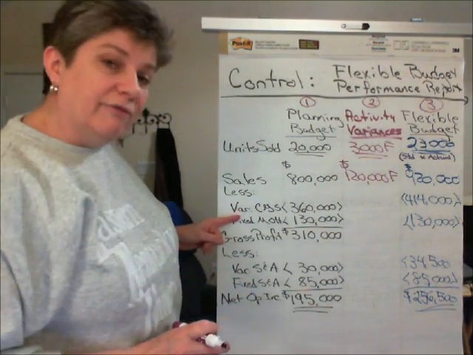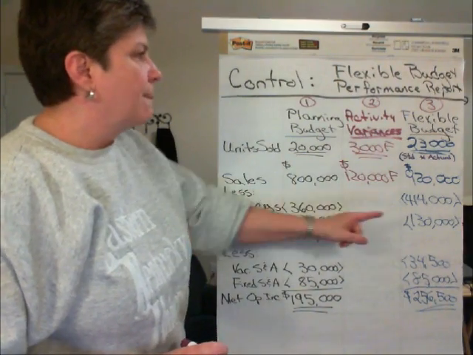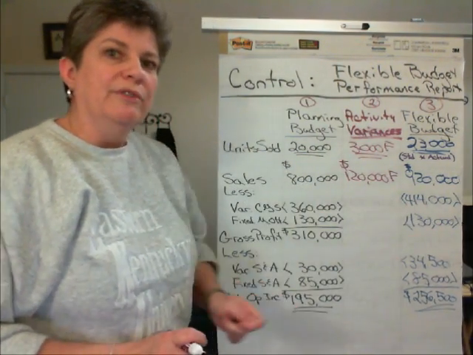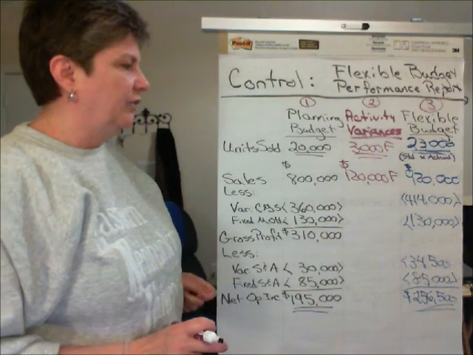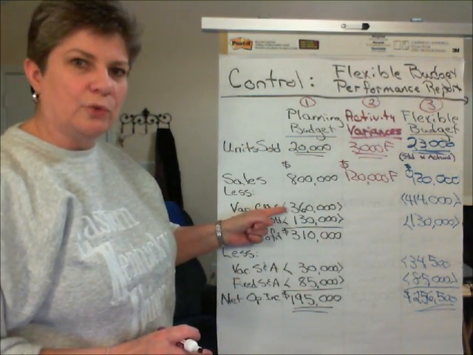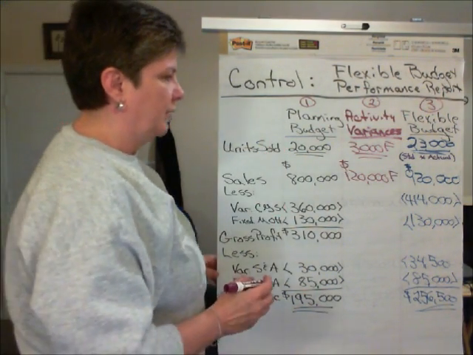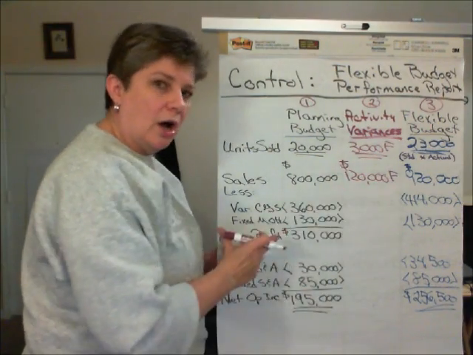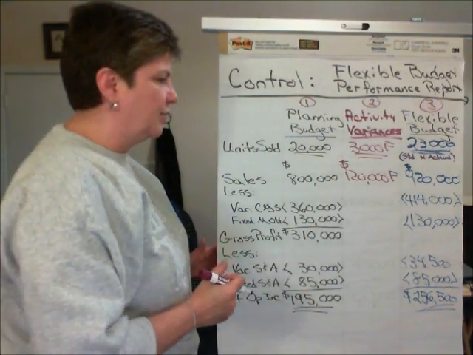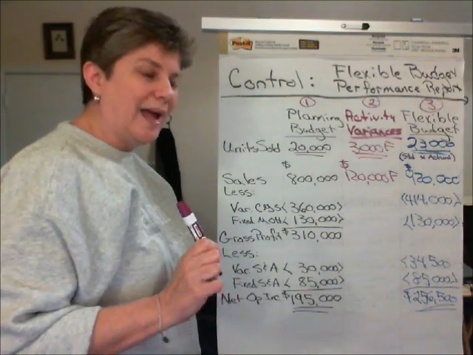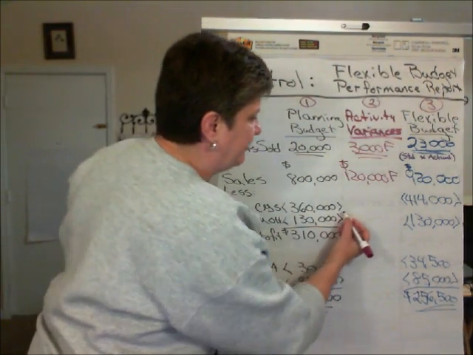Now, what portion of the costs are strictly due to activity? Well, the variable cost of goods sold should have been 440,000 for 23,000 units. The planned amount was 360,000 for 20,000 units. So the portion of the cost difference on cost of goods sold that is strictly due to activity is 54,000.